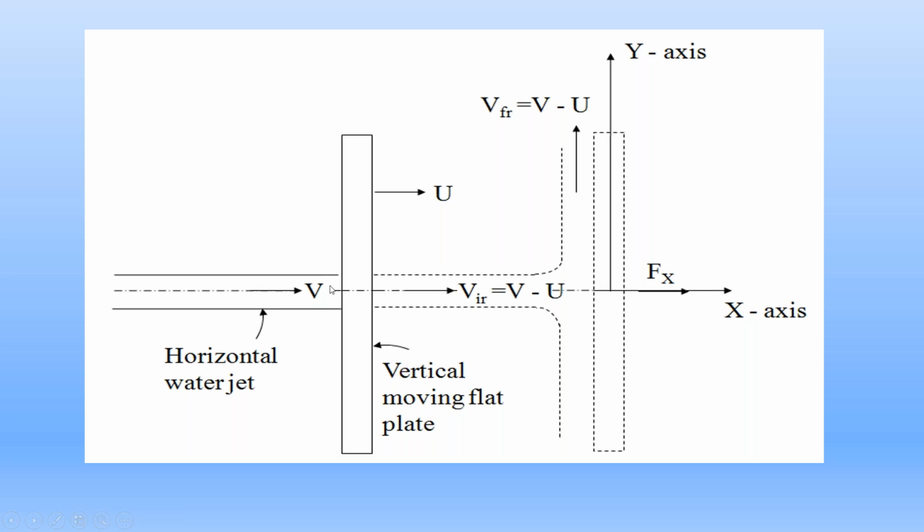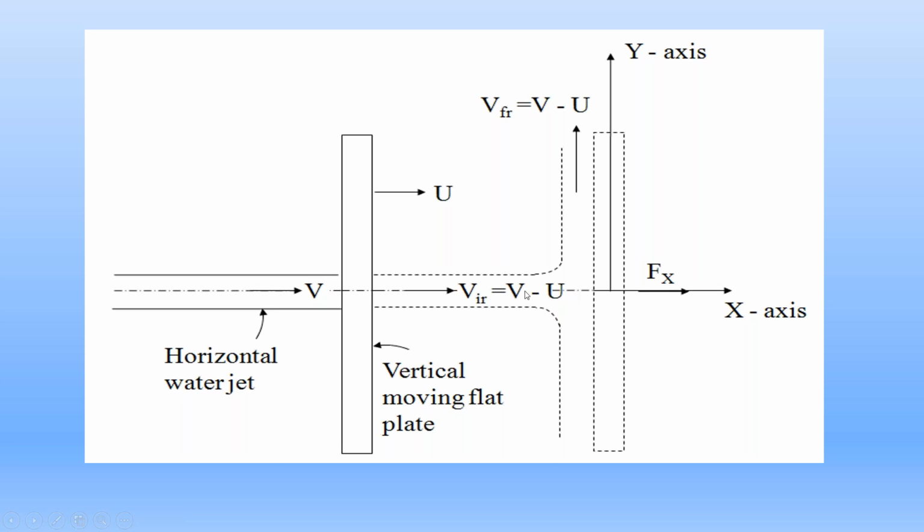But here the velocity V, the velocity U, and this relative velocity Vr all are in the same direction. Since all three velocities are in the same direction, the relative velocity of the water jet with respect to the moving plate Vr is equal to V minus U.